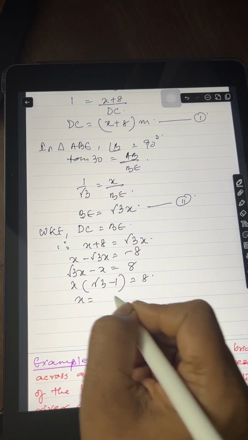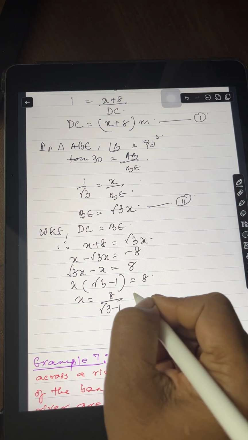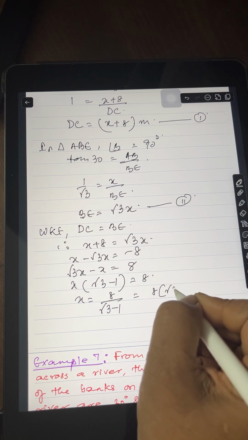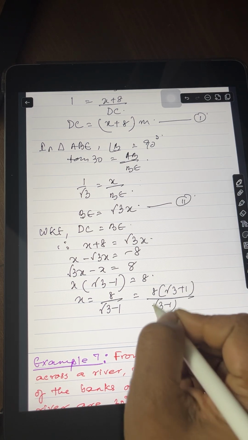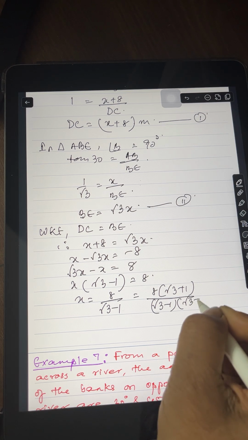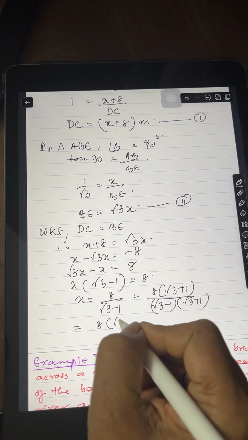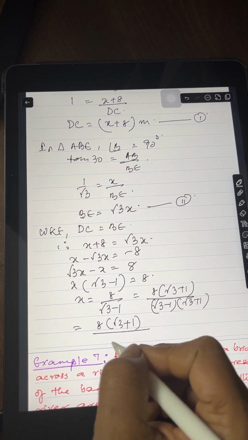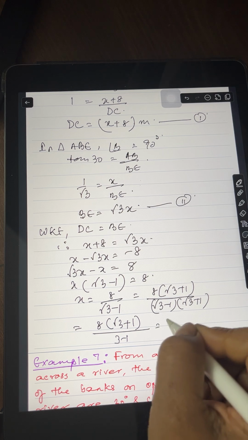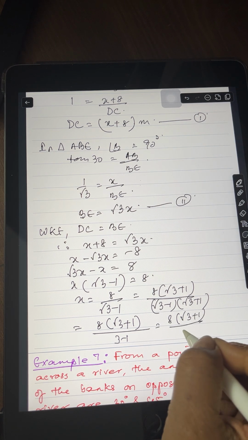So x is equal to 8 by (root 3 minus 1), or multiplying by root 3 plus 1 on top and bottom, 8 (root 3 plus 1) by (3 minus 1), which is 8 (root 3 plus 1) by 2.